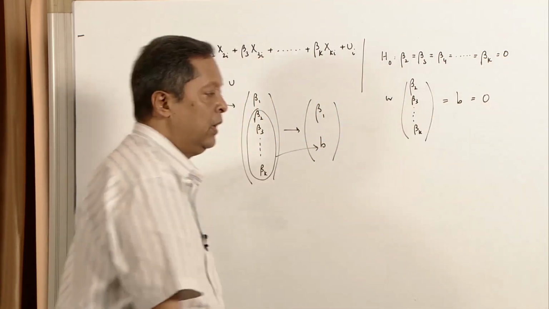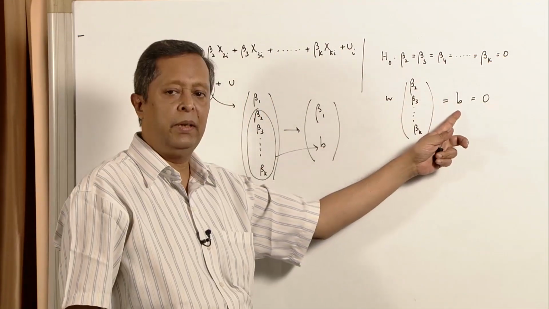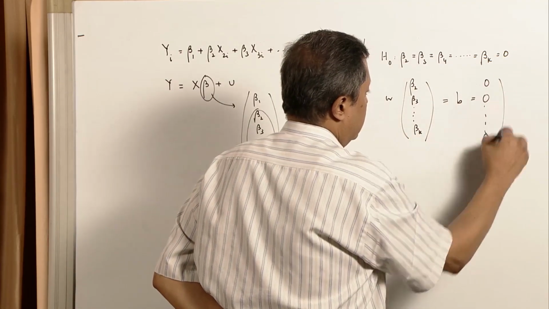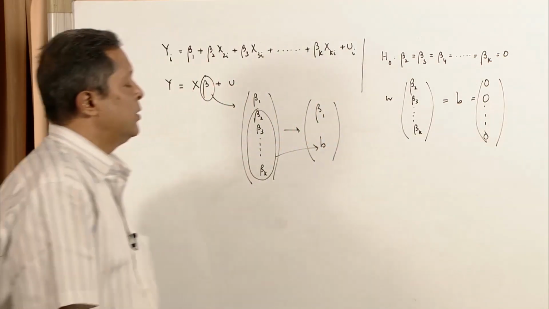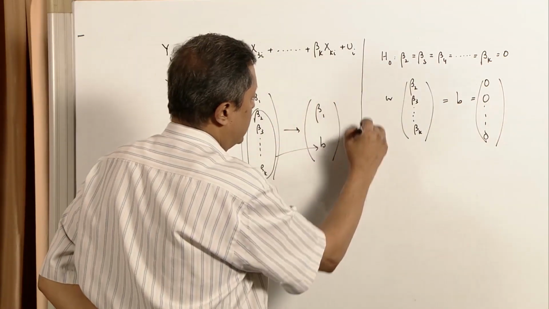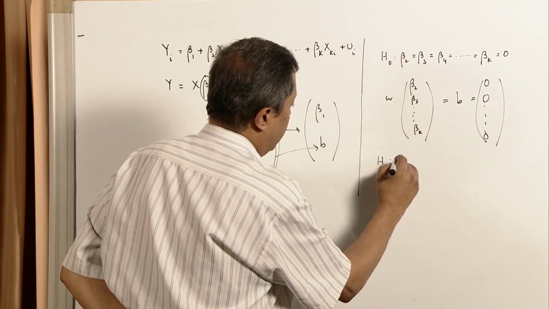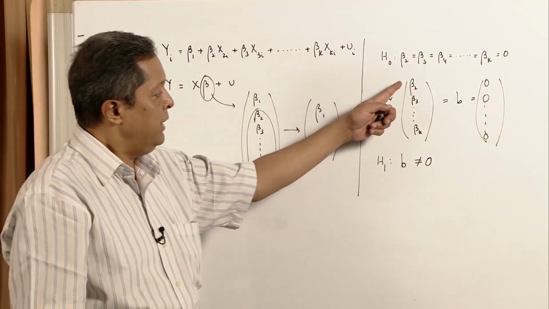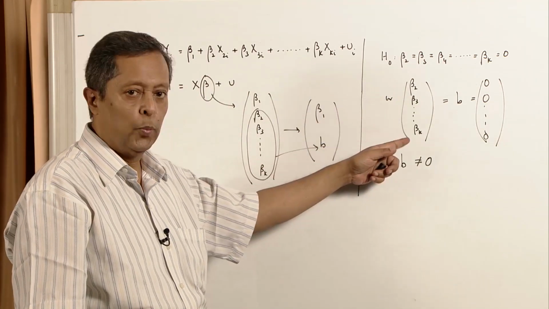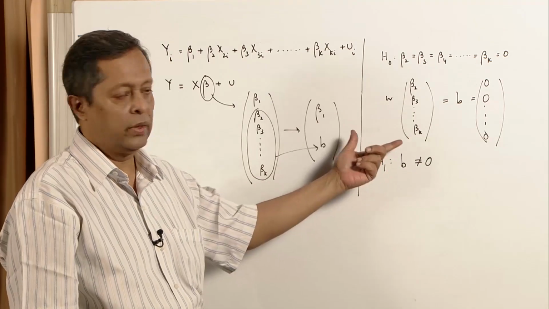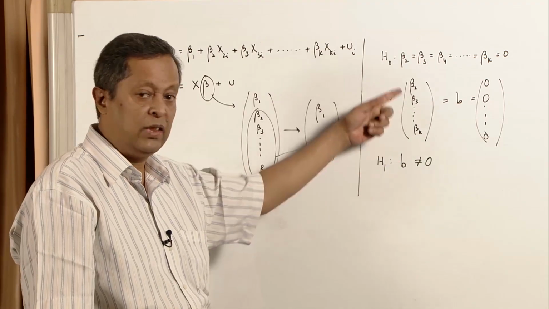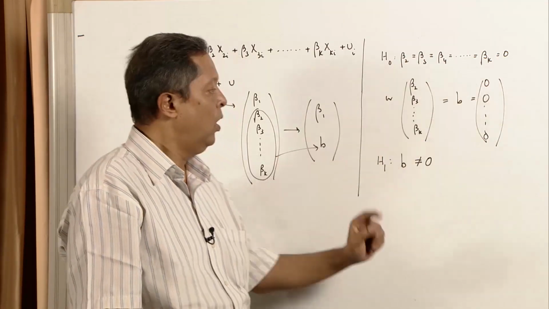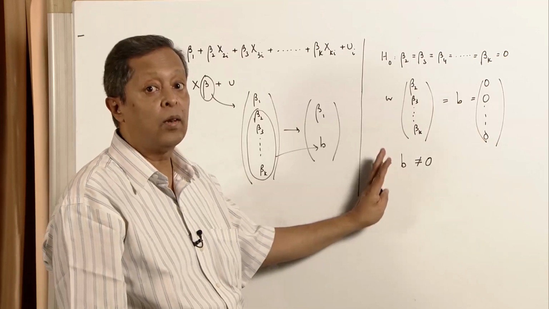This is a vector. So, our null hypothesis is small b is equal to 0. Of course, this 0 is also a vector. Okay. And our alternative hypothesis, let us suppose, is H1: b is not equal to 0. It means that not each of these slopes is equal to 0. Maybe 1 or 2 are 0, but not every one is, not each one is 0. So, the null hypothesis is beta 2, beta 3, beta 4 are all equal to 0. The alternative hypothesis is that they are not all equal to 0.